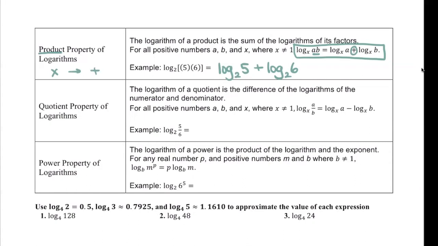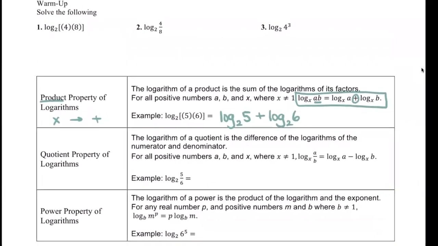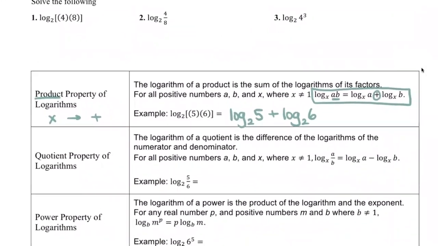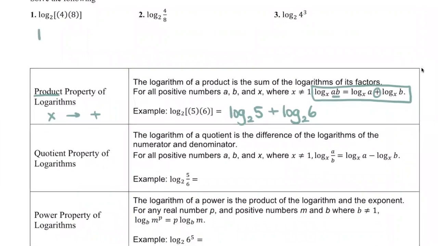All right, let me show you another example up here in our warm-up. So number 1, all right, you would have log base 2 of 4 plus log base 2 of 8. All right, and remember, log always asks what exponent. So log base 2 of 4 is asking 2 to what exponent gets you 4.